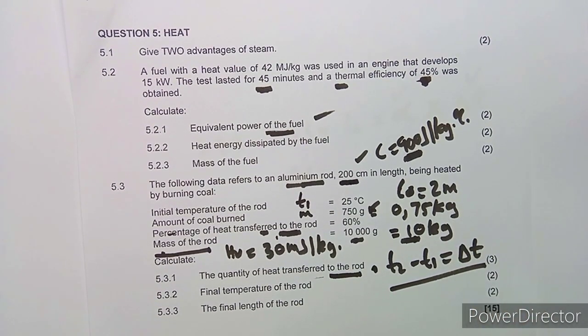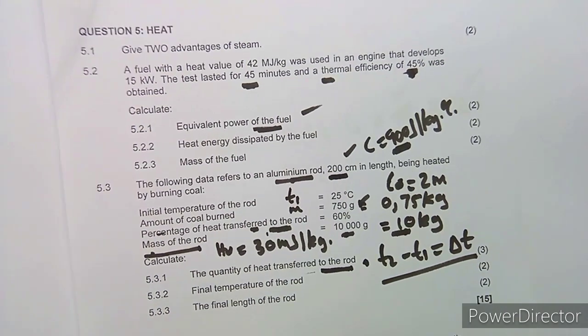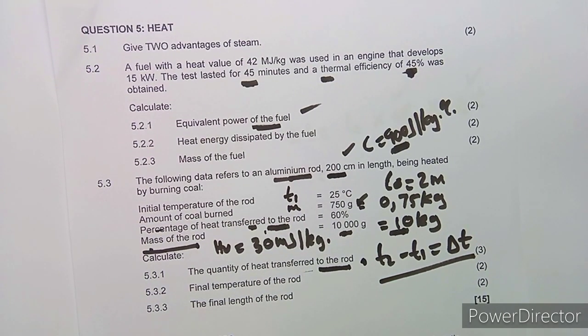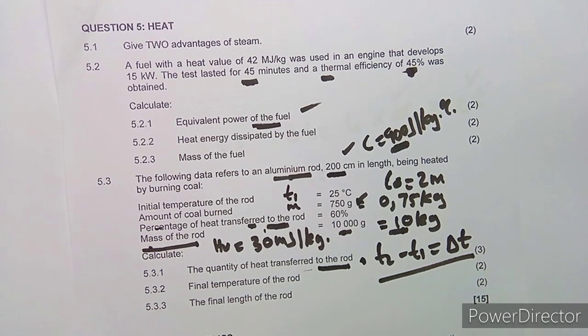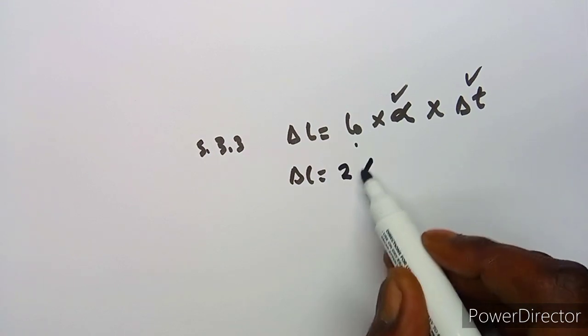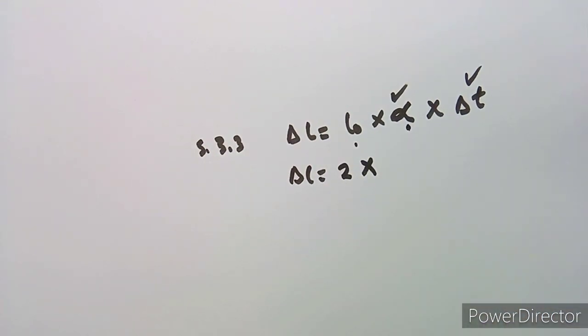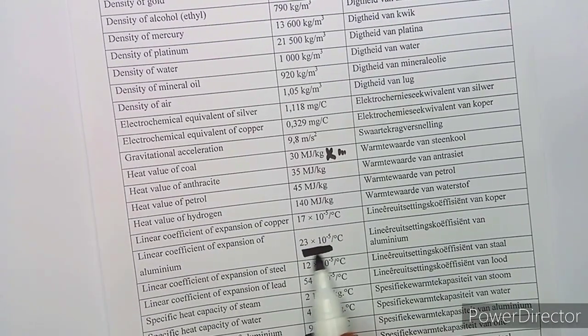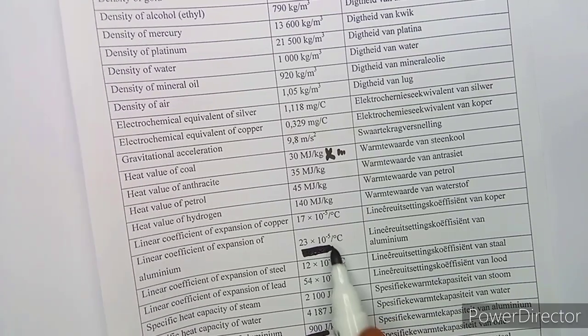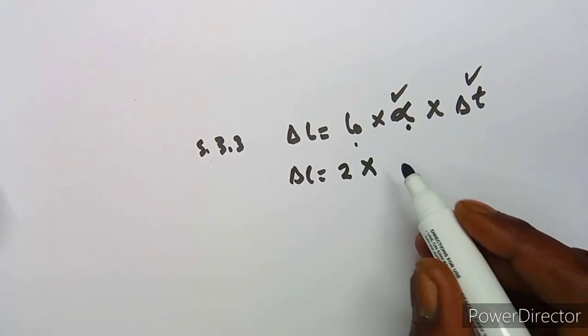So you can work with this in meters or in centimeters, depending on what you're going to have, but our original length in this case is 2 meters. So you shall have this as 2 meters times the linear coefficient of expansion, which is 23 times 10 to the exponent of -5.